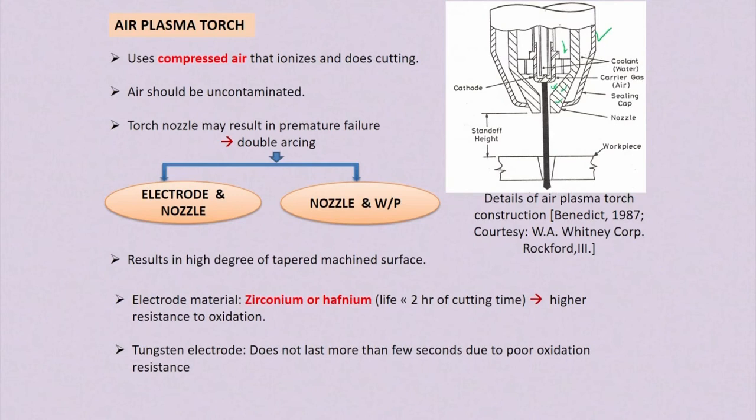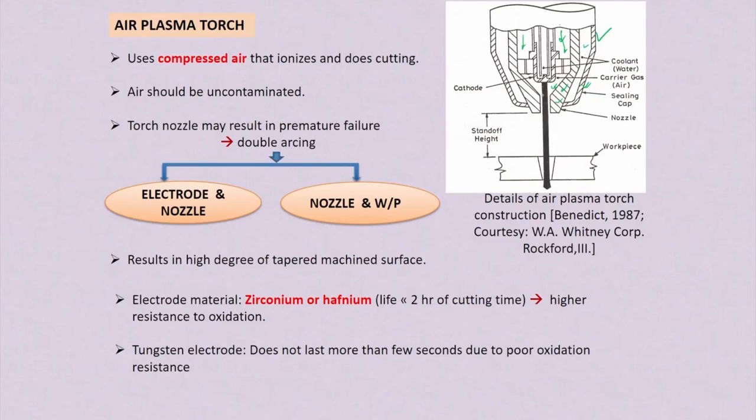This is the nozzle here. Outside the nozzle there is a sealing cap, and in between the nozzle and the sealing cap there is coolant water. The coolant water is flowing so that whatever heat is generated in the nozzle can be dissipated into the coolant water. Otherwise, if the nozzle is heated up for a longer time at a very high temperature, its life will be reduced.